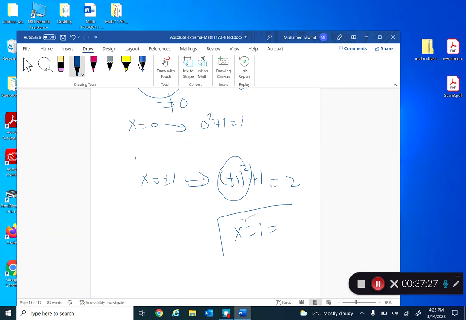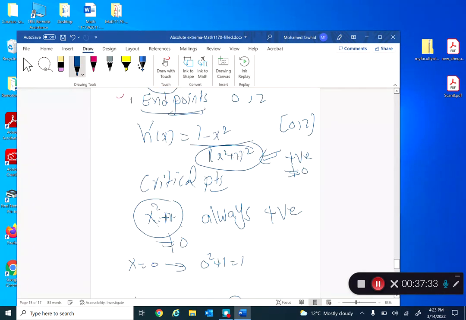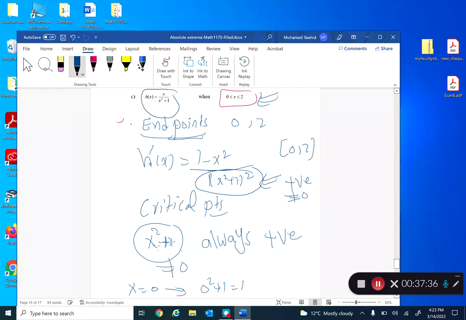When x equals plus or minus 1, this term is 0. So here we have to be careful. If you have plus in the middle, it is okay, this term is non-zero. But if you have negative, you have to pay attention because you could have 0 down here and then the situation will be different.